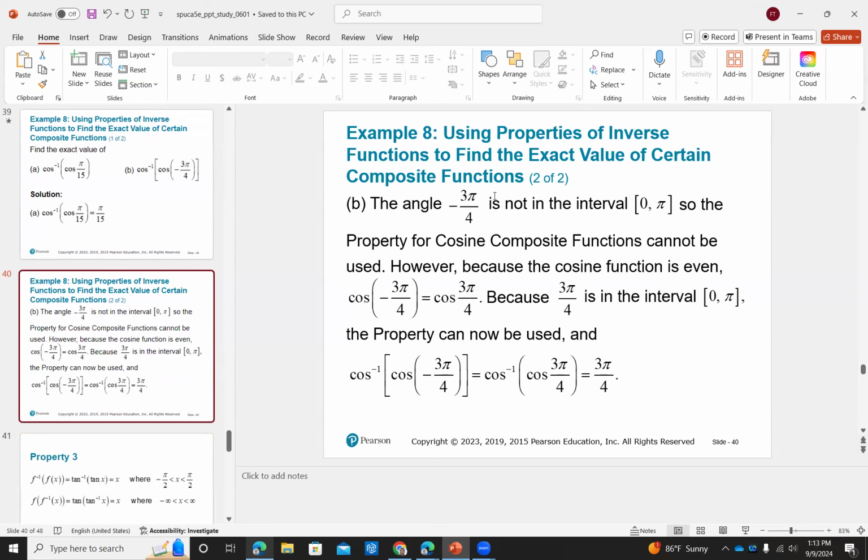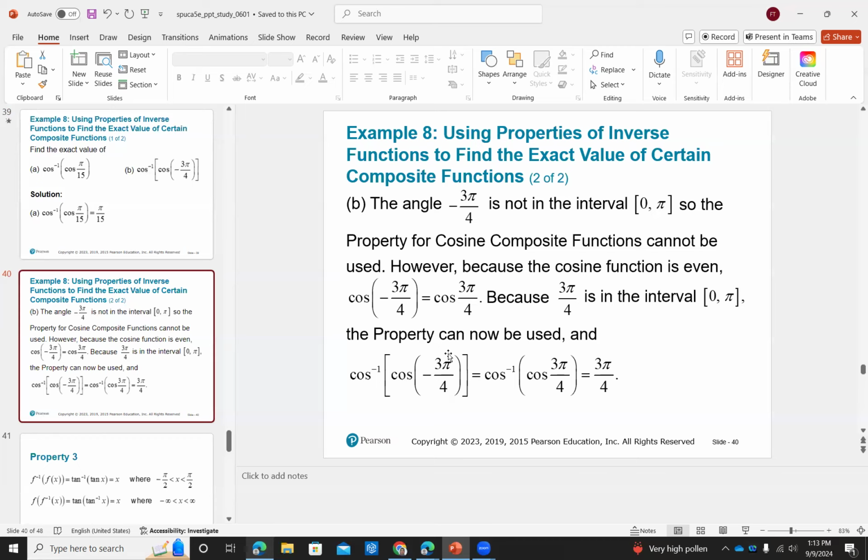Now, the angle negative 3 pi over 4 is not in this interval, so the property of cosine composite functions cannot be used. However, because the cosine function is even, cosine of negative 3 pi over 4 is the exact same thing as cosine of 3 pi over 4. Because 3 pi over 4 is in the interval 0 to pi, you can still apply this property.